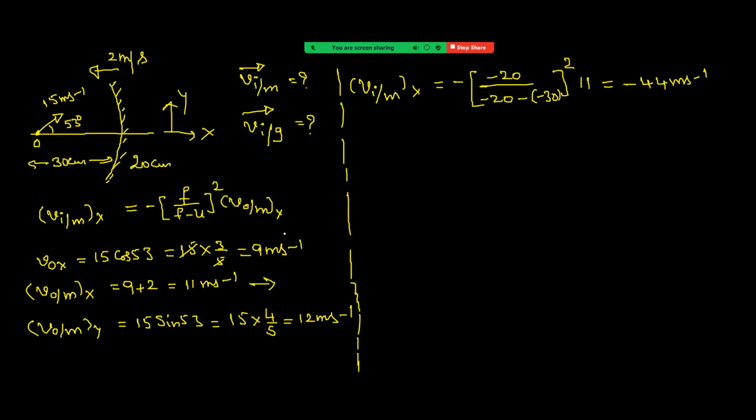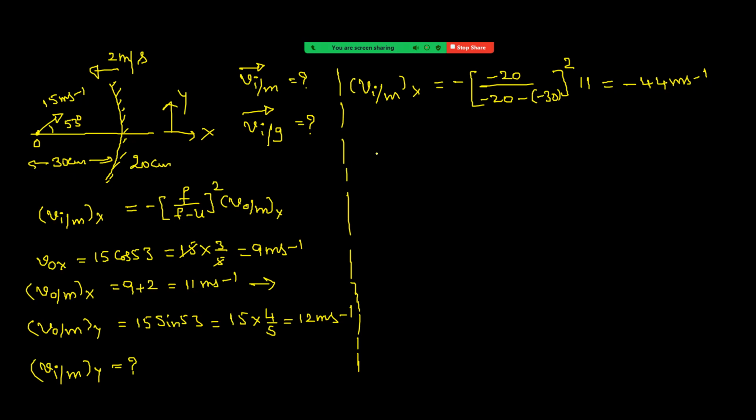Now we have to focus on what is the velocity of image with respect to mirror along y-axis. See how to get it. Remember, this is a point object, which means it has no size. In such a case, if you want to find the y component of velocity, we take it as the rate of change of y coordinate with respect to time.